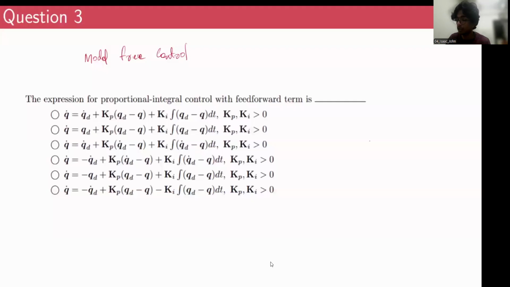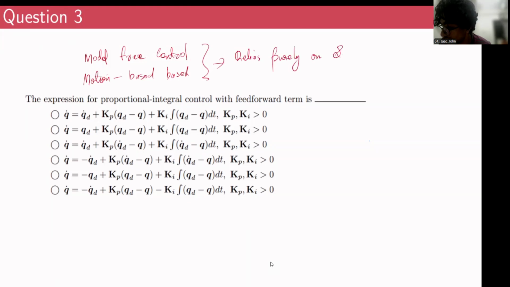All these things are not here. Or in other words, you can also call this a motion-based controller. And this one relies purely on sensor feedback. This control scheme relies purely on sensor feedback.